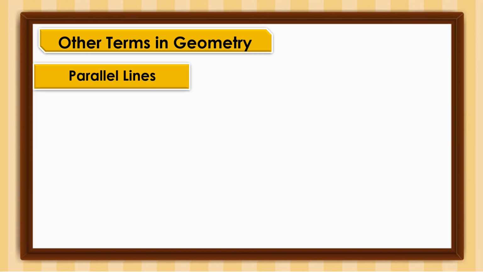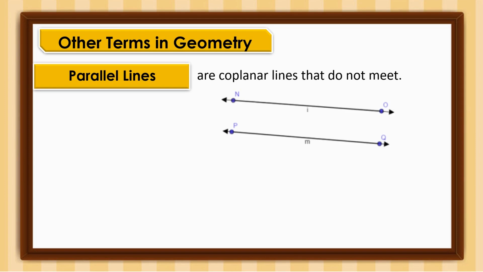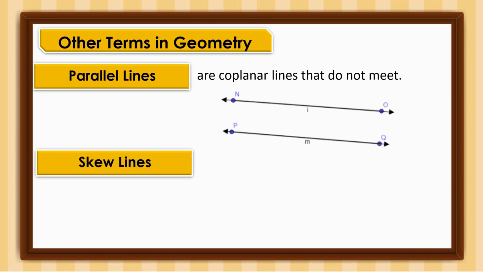Next is parallel lines. When we say parallel lines, these are coplanar lines that do not meet. So here's an illustration. When we extend line NO and line PO, they do not meet, therefore, they are parallel lines. And we have here skew lines.